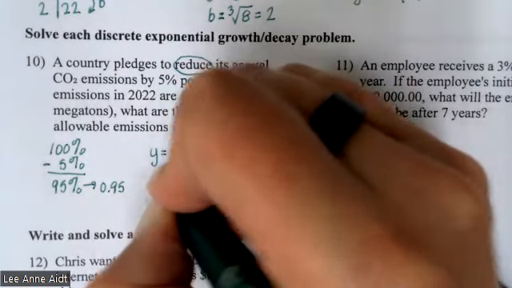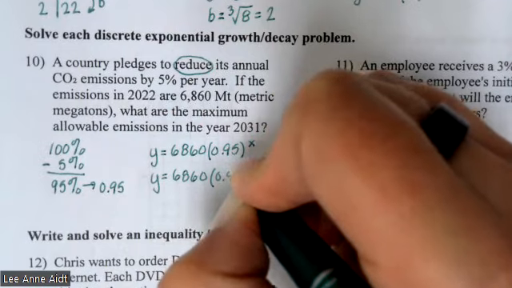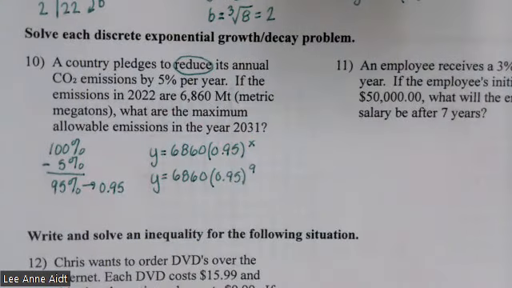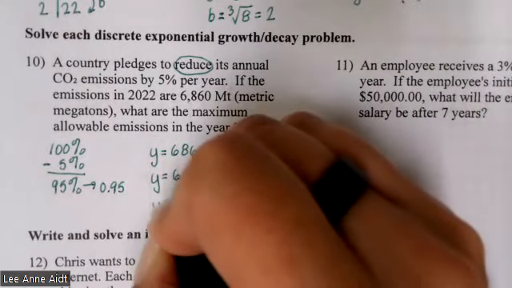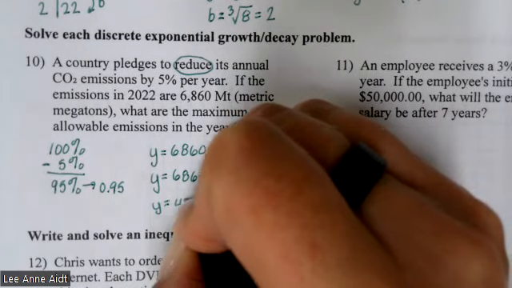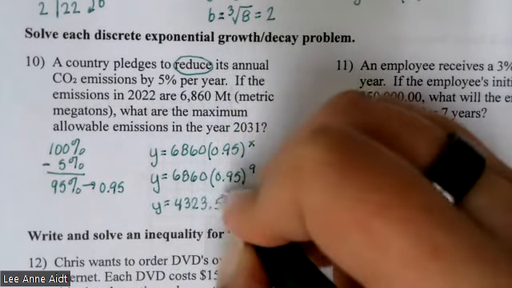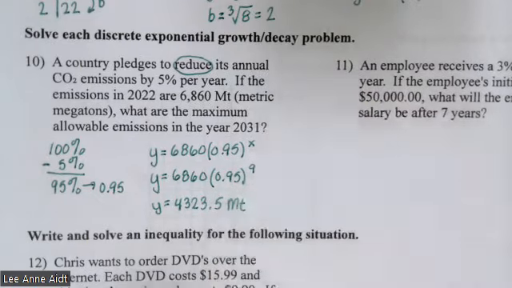So y equals 6,860 times 0.95 to the 9, which is 4,323.5 metric megatons.